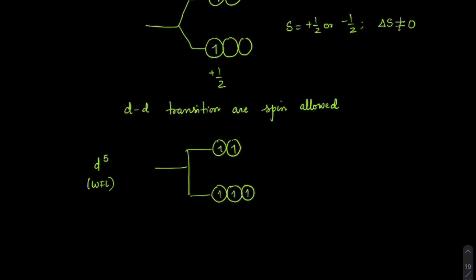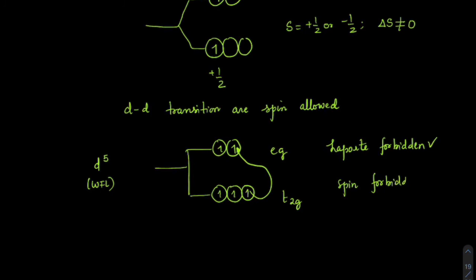Now from here, if it enters the EG orbital from T2G, then it has to pair, because it can't stay the same way, as it would violate Pauli's exclusion principle. Here it is Laporte forbidden for sure, but it is also spin forbidden, because delta S is becoming 0.